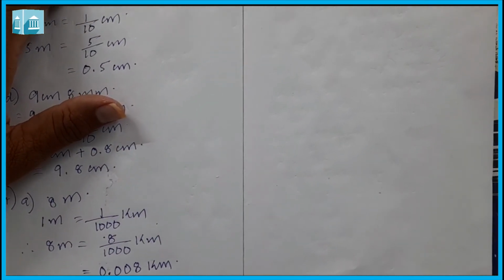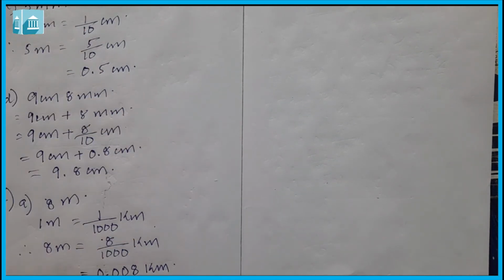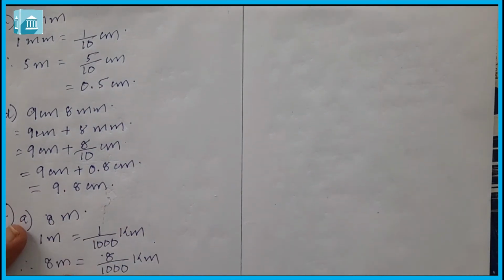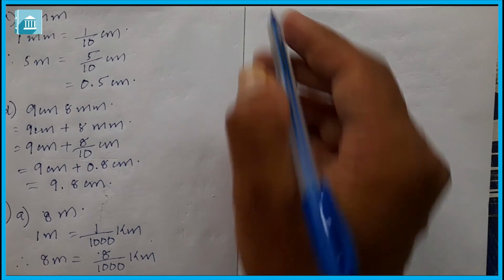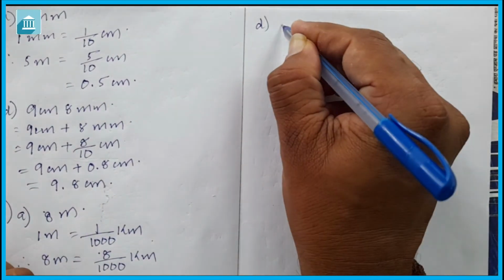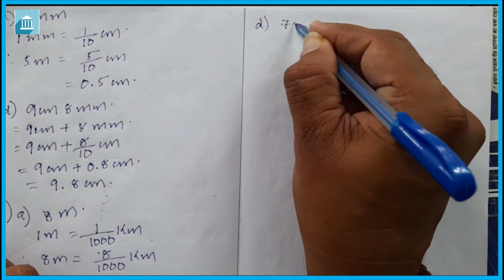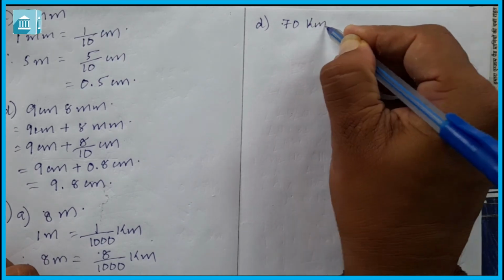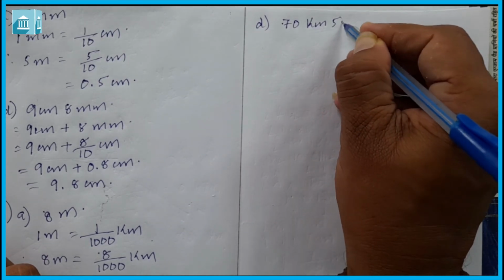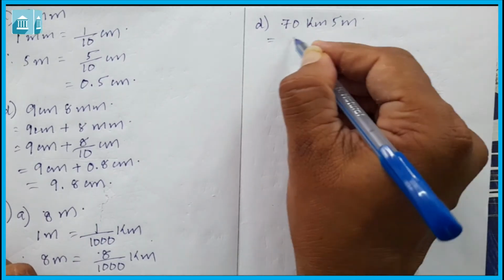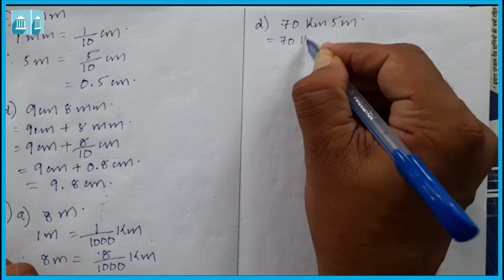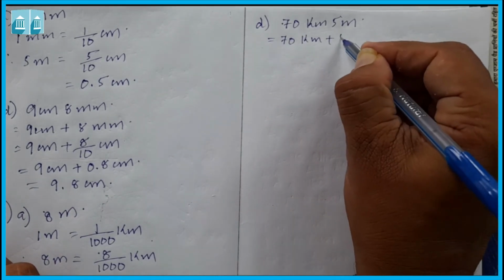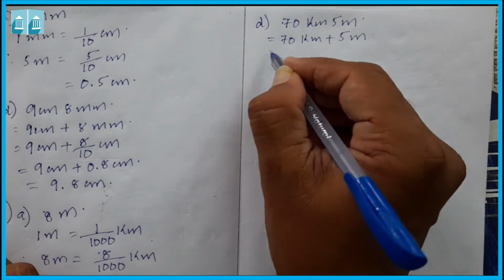Now in the same question, question number 4, let us do question number D. D is given 70 kilometer 5 meter. As we had done in other, we will first separate it, that is 70 kilometer and 5 meter.